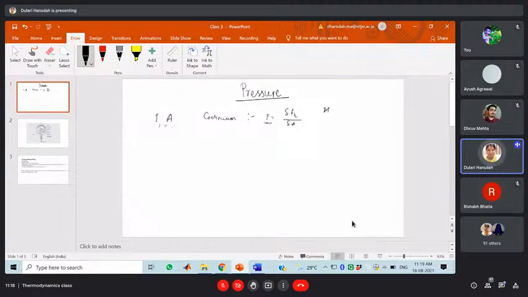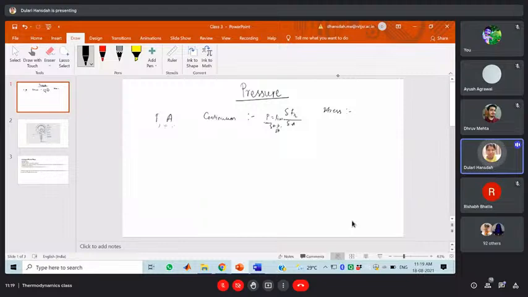Can anyone tell me what is the stress? Here also the same thing we are telling, the unit is also the same. Stress works inside the material and pressure is external force. In this case we are considering the internal resistance. So that is your stress.